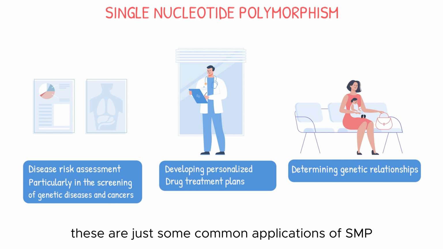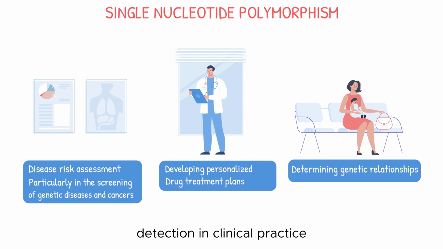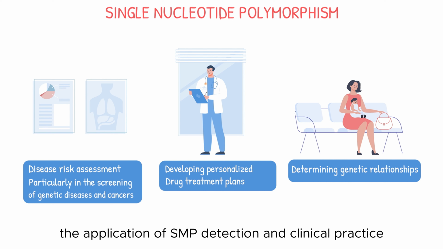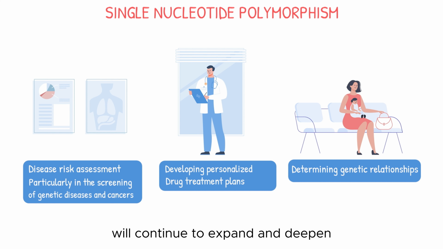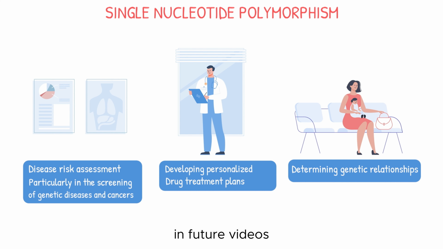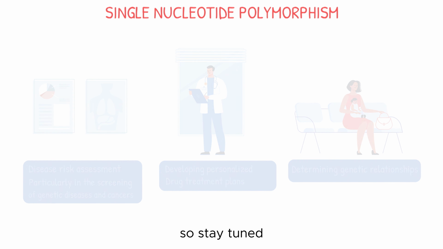These are just some common applications of SNP detection in clinical practice. With advancements in science and technology, the application of SNP detection in clinical practice will continue to expand and deepen. We will provide detailed explanations on the applications of SNP detection in future videos, so stay tuned.